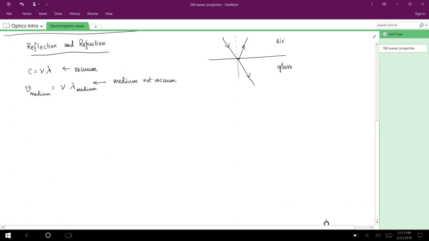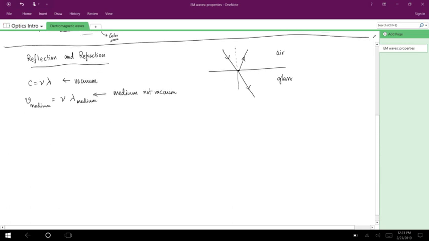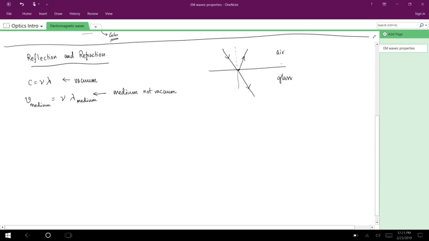Reflection is when a ray of light goes from one medium, hits a second medium, and then does not go into the second medium, but gets reflected into the first medium. And the second part here is going to be refraction. Refraction is the part where part of the ray of light actually gets into the second medium.